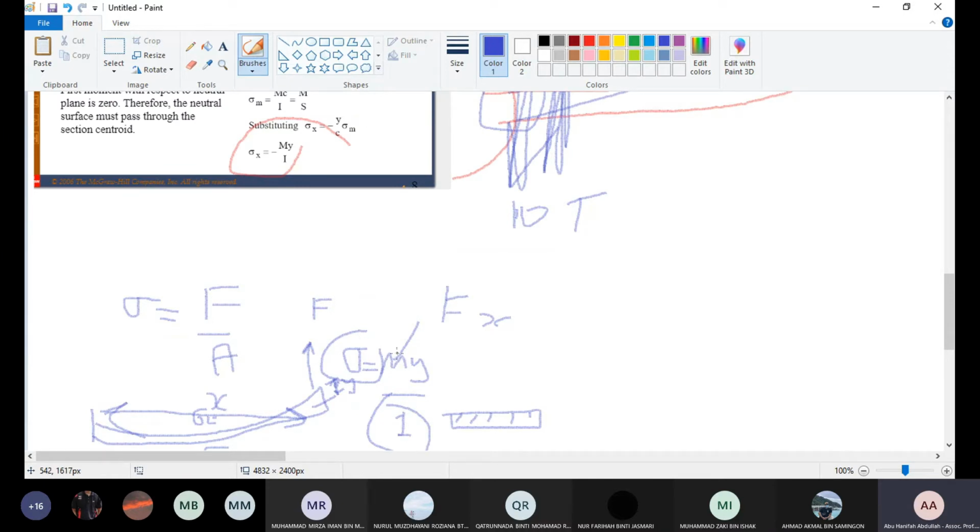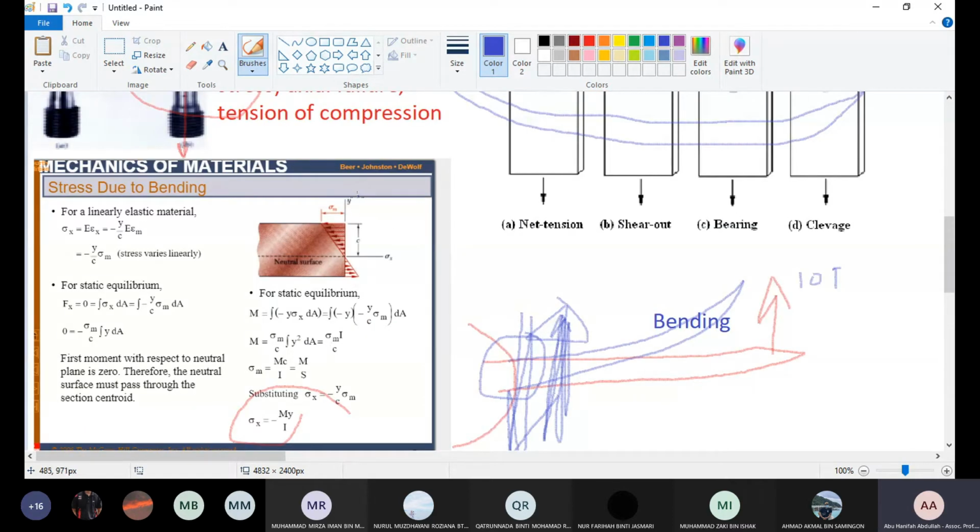For the bending, you have two conditions. You can see here compression: the top surface is in compression and the bottom surface is in tension.